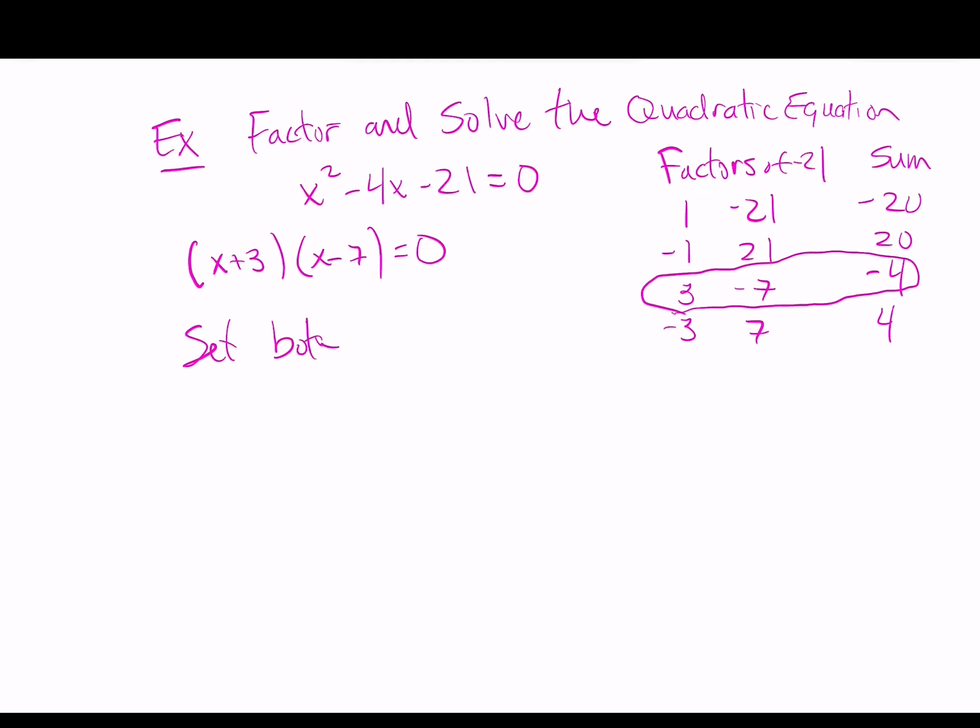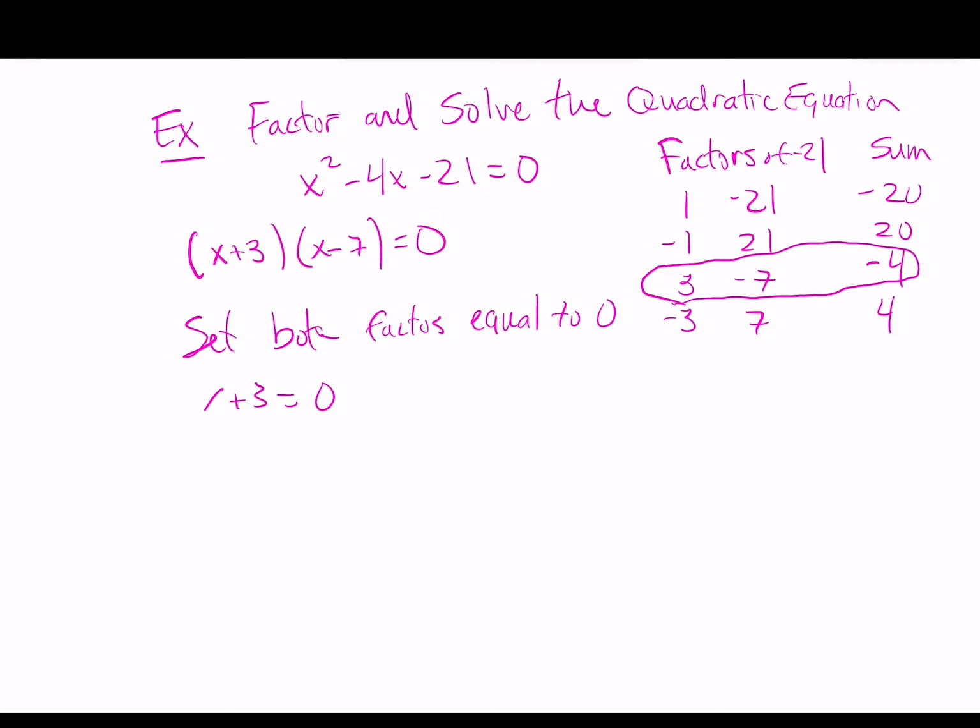Set both factors equal to 0. x plus 3 equals 0, or x minus 7 is equal to 0. Subtract 3 from both sides: x is equal to -3.